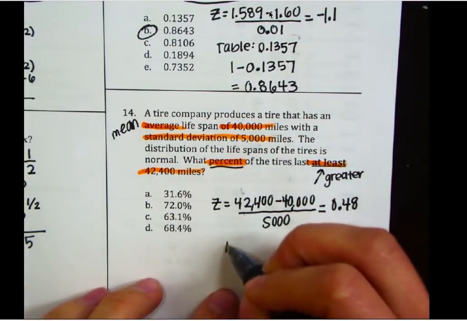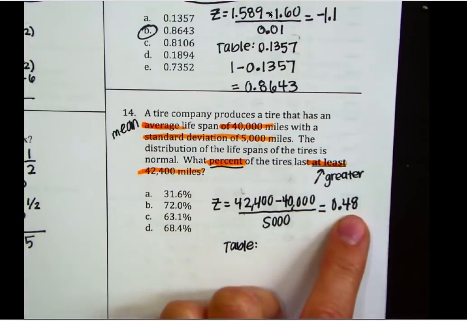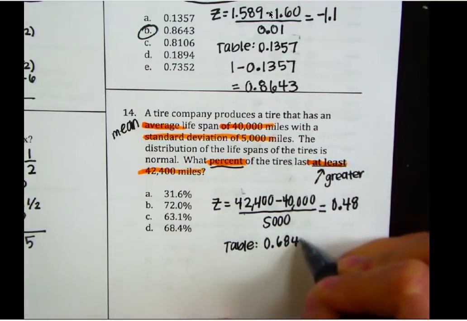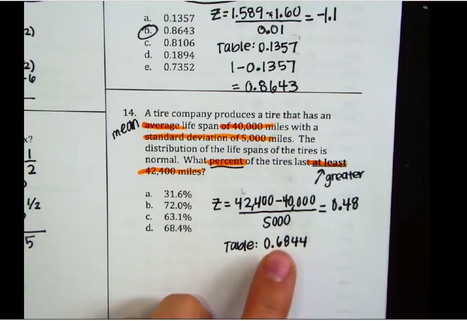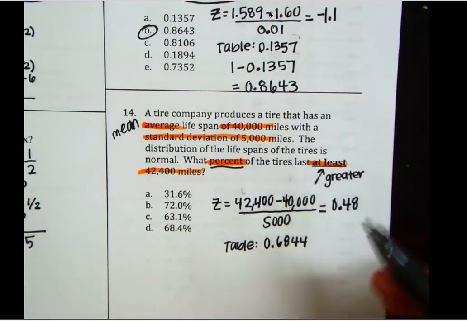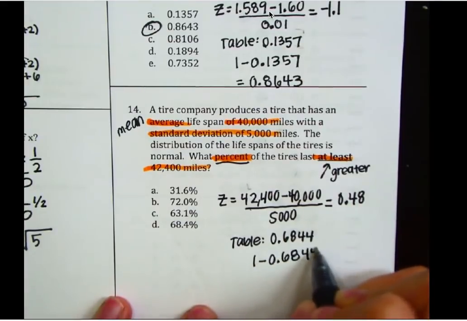When we find the area on our table, when we look up 0.48, we get 0.6844. So remember, that value is for less than. We're looking for greater than in this problem, so we are going to subtract that value from 1.